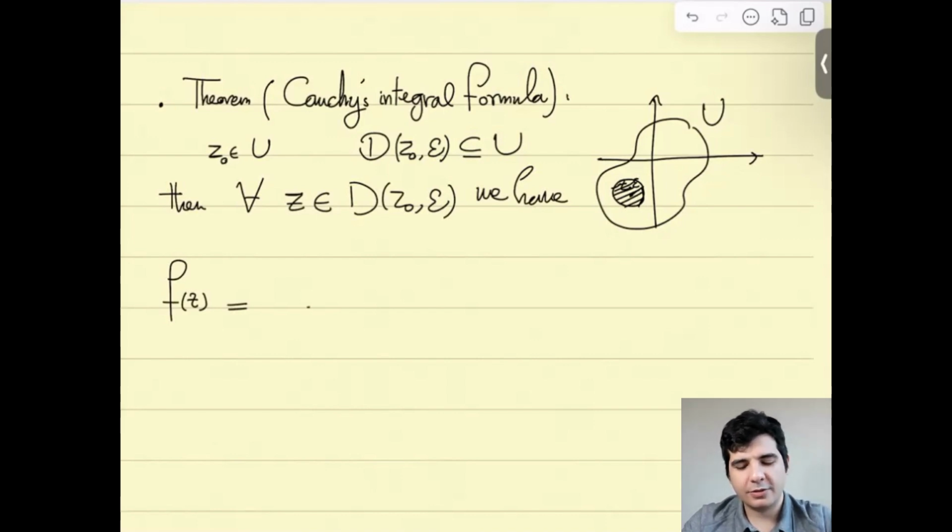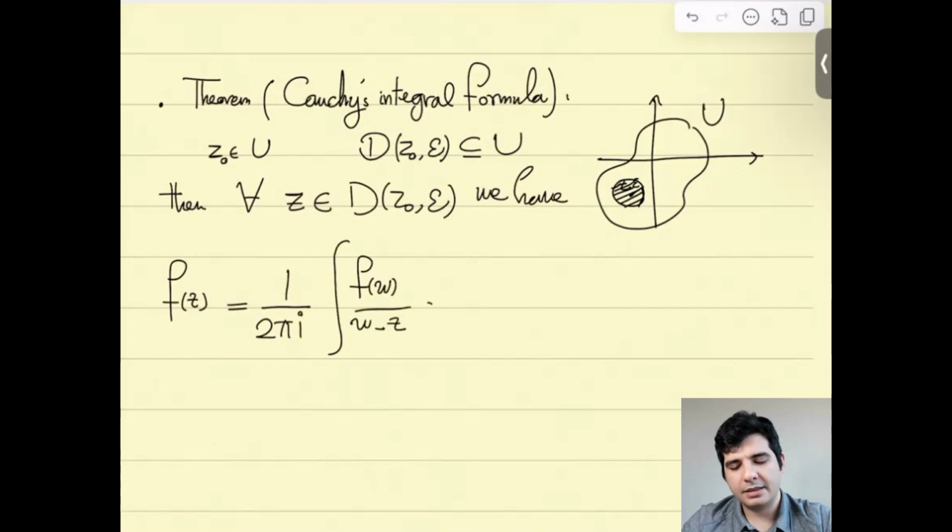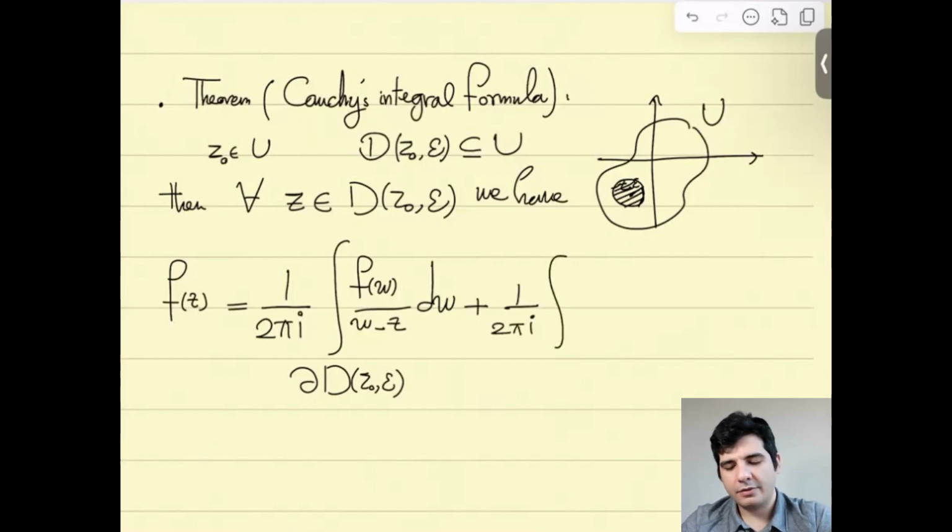This is what is called Cauchy's integral formula: 1 over 2 pi i times the integral of f(w) over (w minus z) dw, where w takes values in the boundary of D, plus 1 over 2 pi i times the integral of the derivative of f with respect to w bar, dw wedge dw bar, over the whole disk.